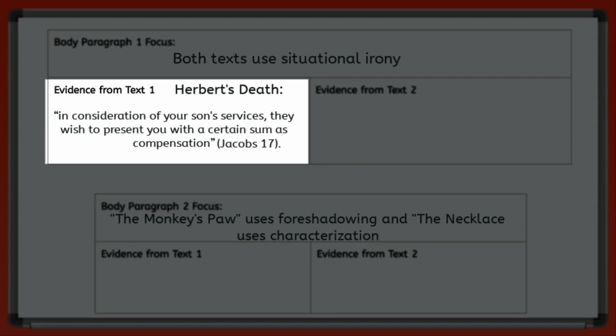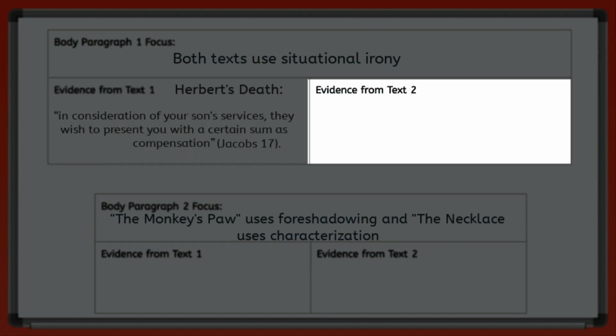Now I need an example of irony from "The Necklace," specifically situational irony. This is pretty easy because we talked a lot about situational irony in "The Necklace," and I know for a fact that the ending of that story is ironic when we discover that the necklace was worthless. So I will find the quote that demonstrates that as evidence and add it here.